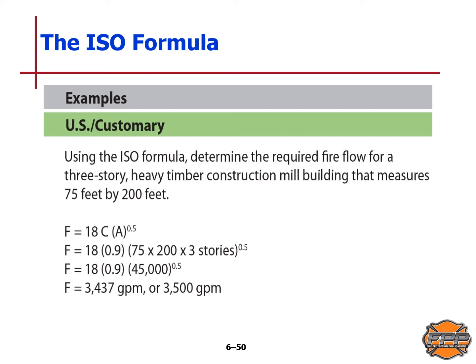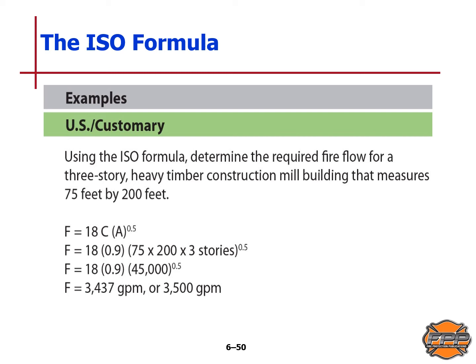So you have F equals 18, which is your constant, times your coefficient, times your area to the 0.5 power. So F equals 18, your constant, times 0.9, which for heavy timber construction is the coefficient from the table a couple of slides back.